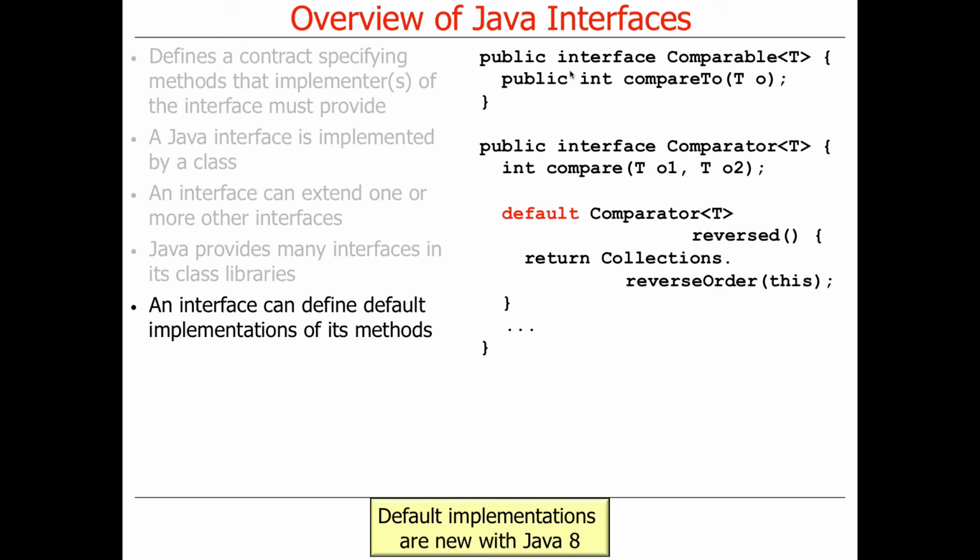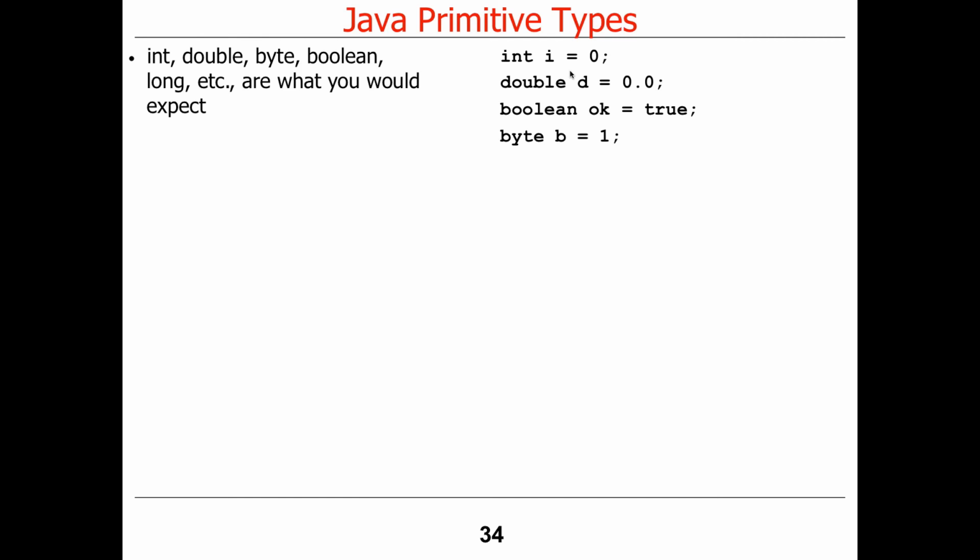Default methods were added to Java 8 in order to preserve backward compatibility when adding new enhancements to existing interfaces. I won't go into the details right now, but it was a very useful addition and cleans up a bunch of awkward and verbose things you had to do with earlier versions of Java. So you'll have to figure out how to do Comparable for the assignment. You'll have to implement that.